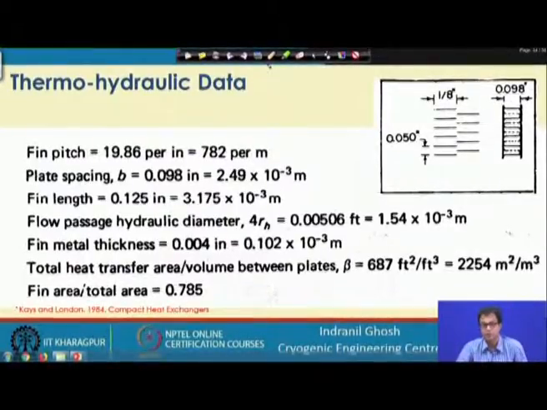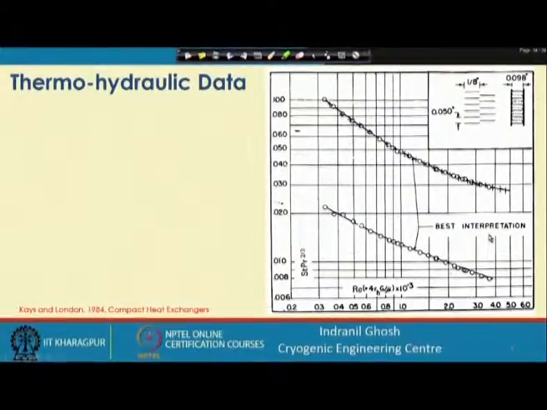We have talked about the geometrical parameters, then we need to talk about the heat transfer and fluid flow thermohydraulic data. We have shown you earlier that this is expressed as a function of j and f.